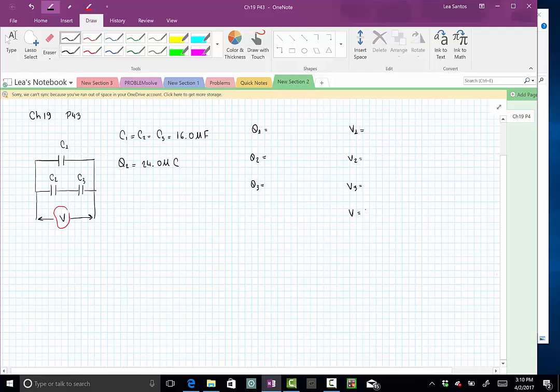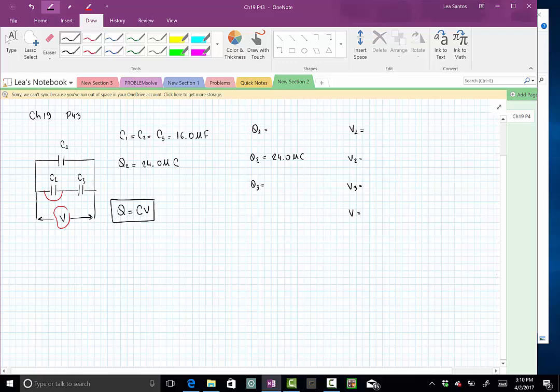Well, Q2 we already have, so I'm going to fill it in here. It's 24 microcoulombs. With Q2 and C2 both given to us, we can find V2, right? We can find the potential difference across C2, because all we need to use is this equation, Q equals CV.